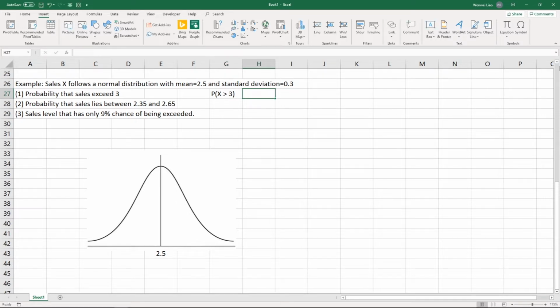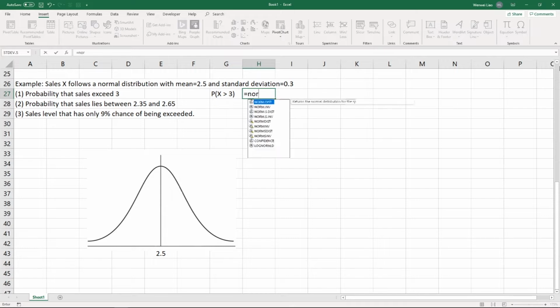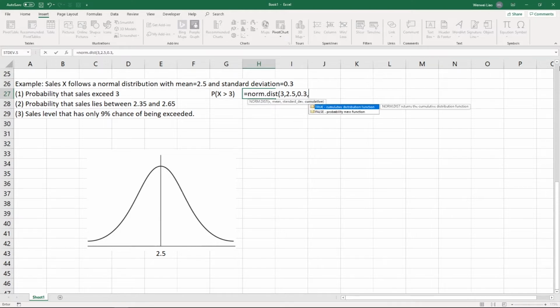In Excel, there is a formula for calculating the CDF for normal distribution, which is equals NORM.DIST, 3, mean equals 2.5, standard deviation equals 0.3, cumulative TRUE.